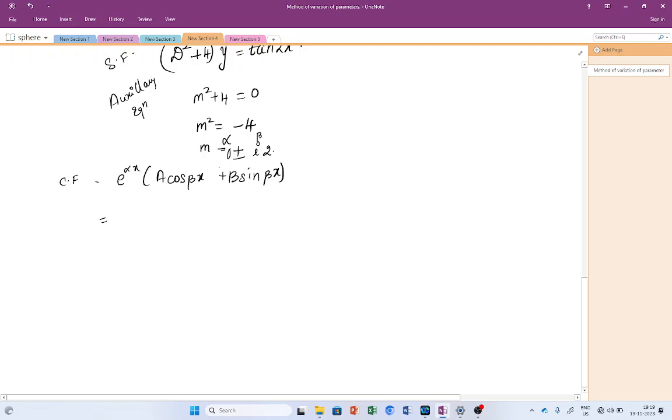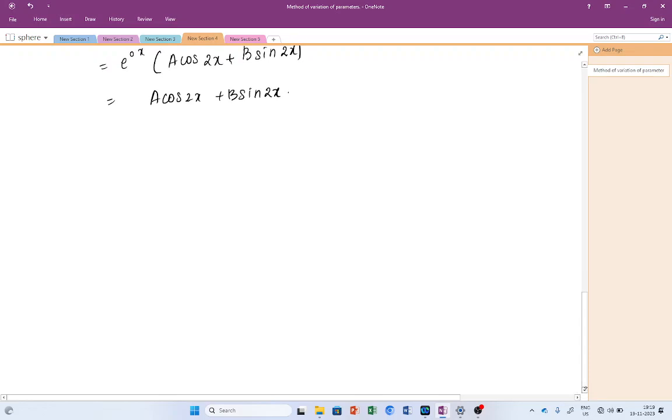Now in the place of alpha, it is e power 0x, a cos, in the place of beta 2x, plus b sin 2x. Anything to the power 0 is 1, so this term will become 1. So it is a cos 2x plus b sin 2x. Now we found the complementary function.